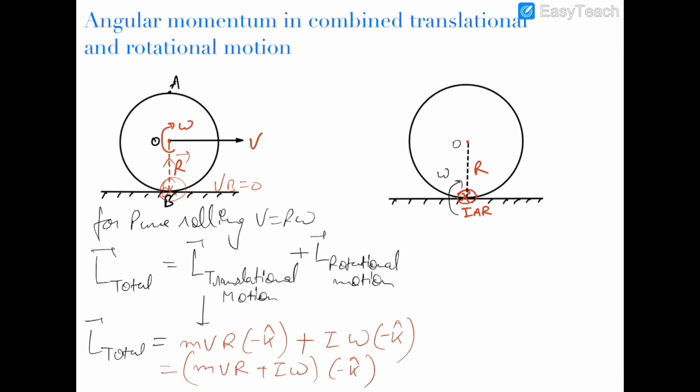Now if this object is a ring, then I can be written as mr square. If this object is a sphere, then I would be 2 by 5 mr square. So let's suppose this object is a solid sphere.